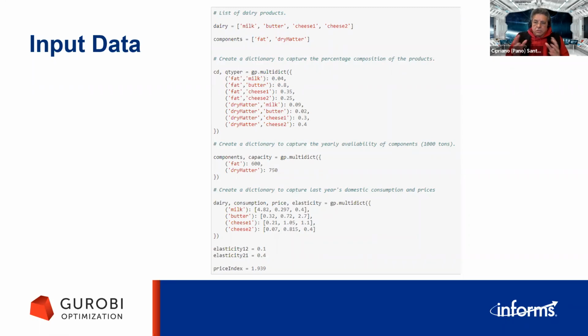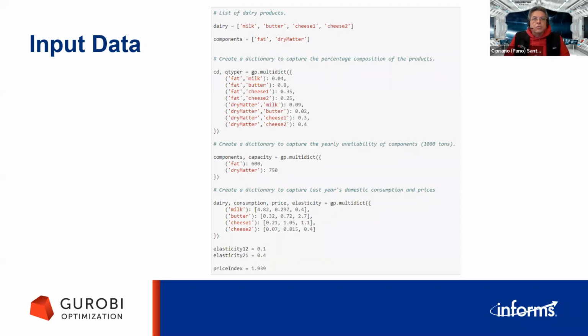Then Greg Glockner, who developed the Gurobi Python API, has created a function that is called the multidict function. This multidict function splits a single dictionary into multiple dictionaries. The input dictionary should map each key to a list of n values.